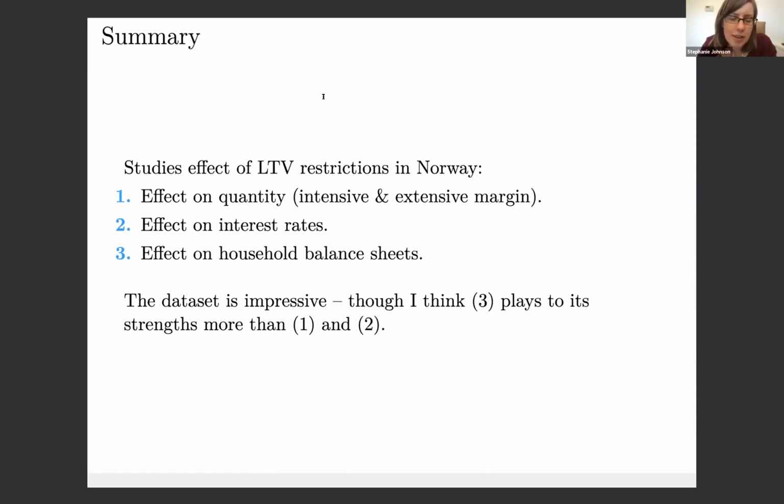And so in general, my advice is to emphasize question 3 perhaps even more than they already do, and then potentially to look for some other data set, like a mortgage data set, that could be used to answer questions 1 and 2 in a cleaner way.